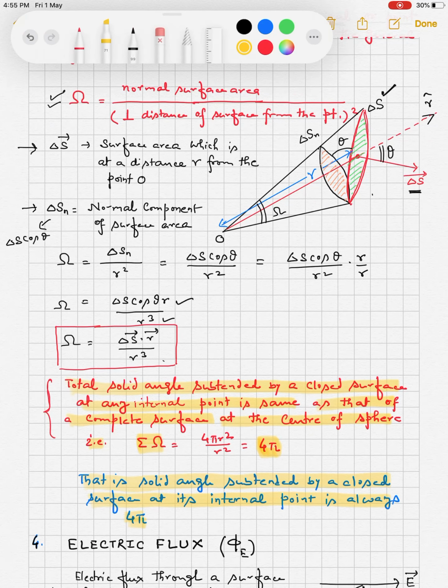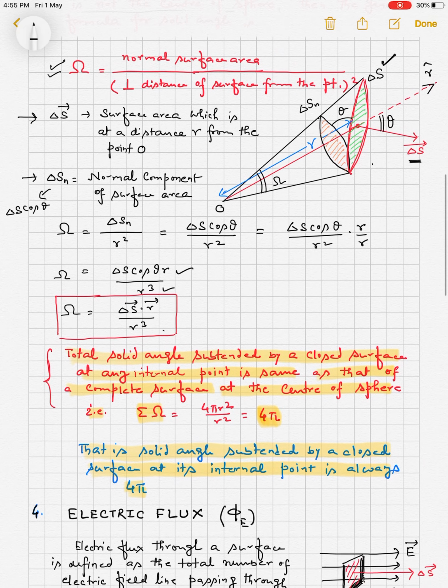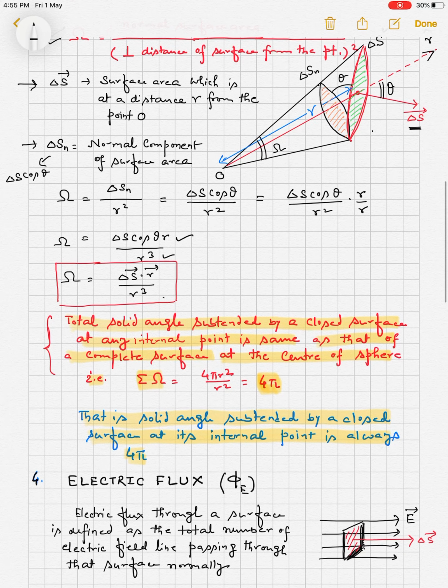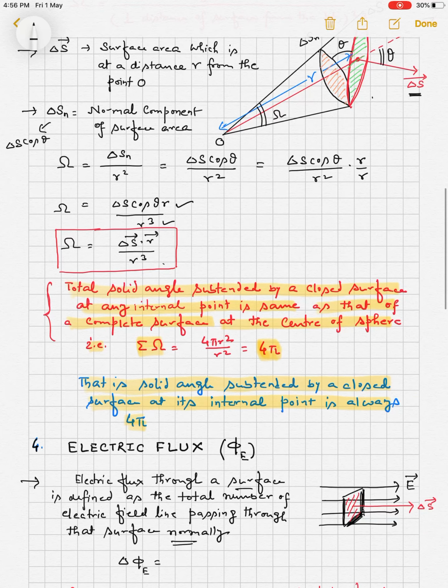Now we come to the concept of electric flux. Flux is a Latin word, meaning flow. So electric flux through a surface is defined as the total number of electric field lines passing through that surface normally. अगर वो surface normal रखा हुआ है तो उस surface से कितनी number of lines pass हो रही हैं, that will give electric flux.